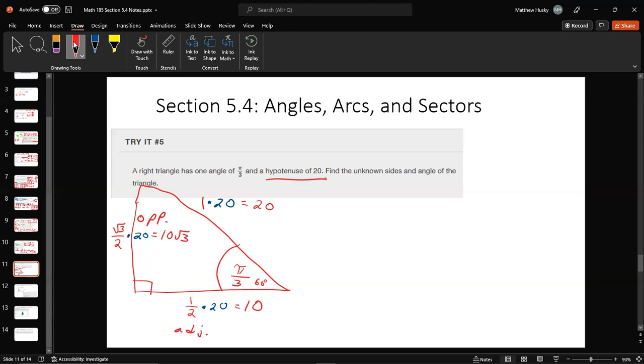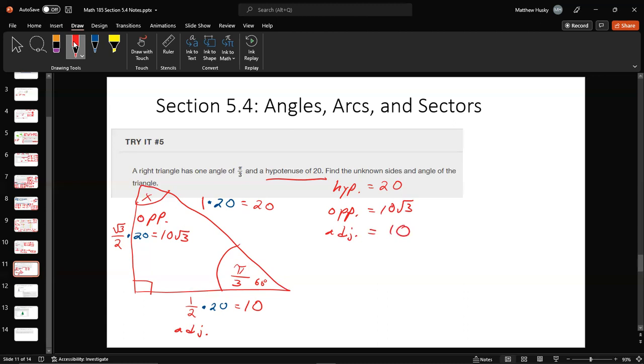So they say find the unknown sides and angle of the triangle. So we've got this angle up here that we do not yet know. But here's what we do know. We've got a hypotenuse of 20, an opposite side of 10 root 3, and an adjacent side of 10.